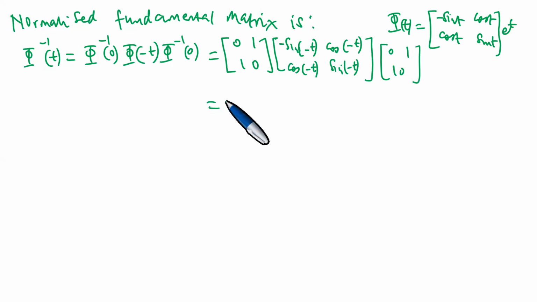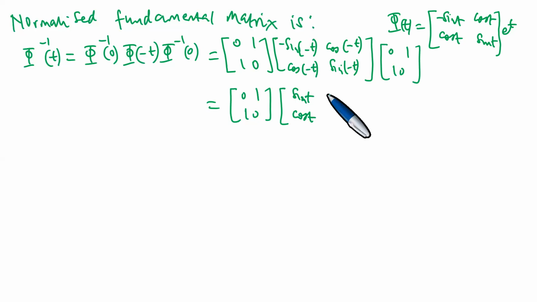Okay, let's just multiply these matrices out. Sine is an odd function, so this is sine t. Cosine is an even function, so cosine of minus t is just cosine of t. The sine is an odd function, so this becomes minus.